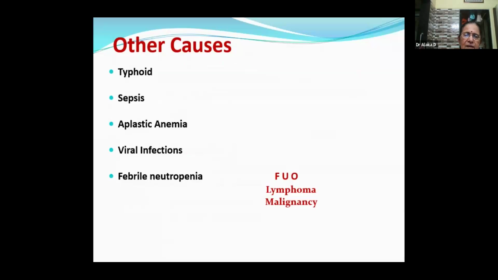Aplastic anemia: if your thrombocytopenia is persistent, please refer the patient to a hematologist or look at the bone marrow. Viral infections all cause thrombocytopenia, and febrile neutropenia is a separate entity which can also be associated with thrombocytopenia.